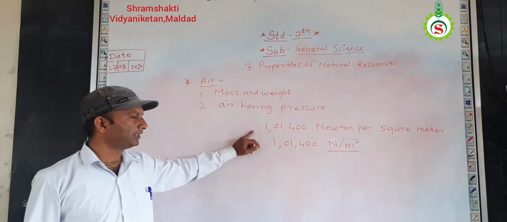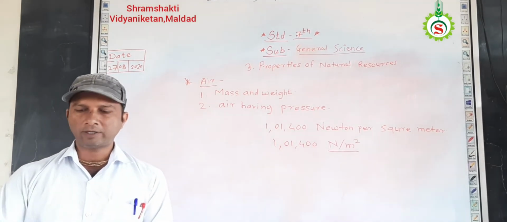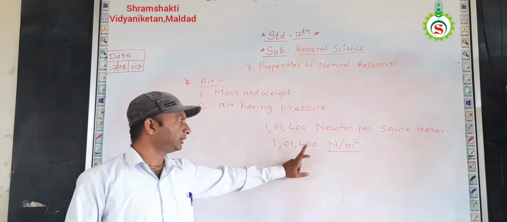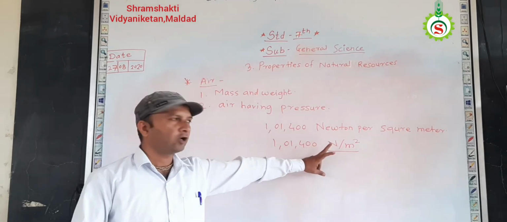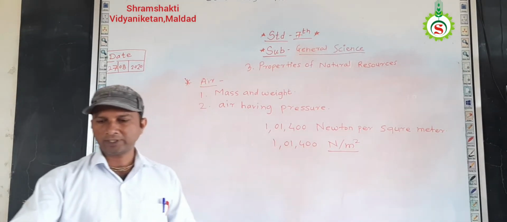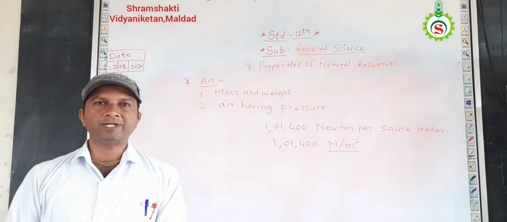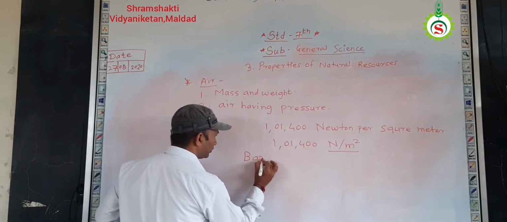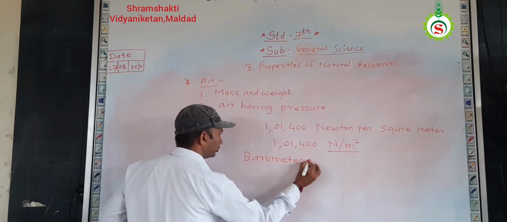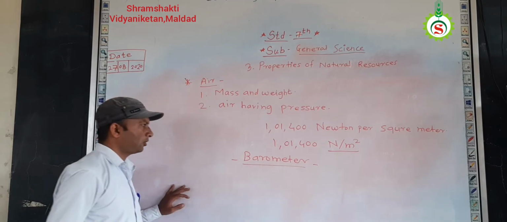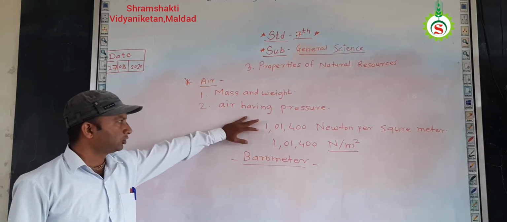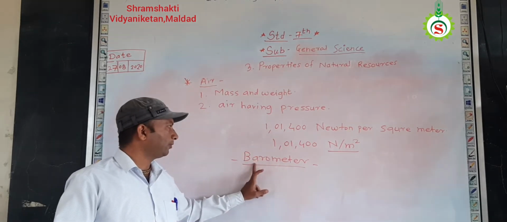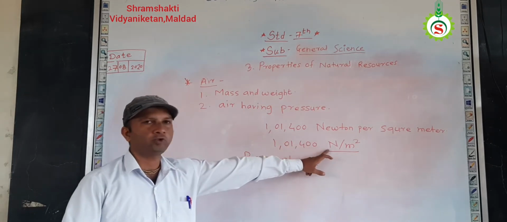So the atmospheric pressure present near sea level is 1,01,400 Newton per meter square.